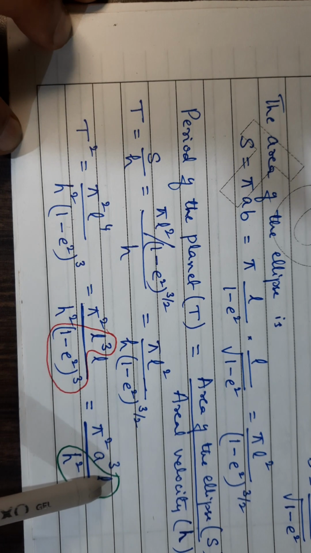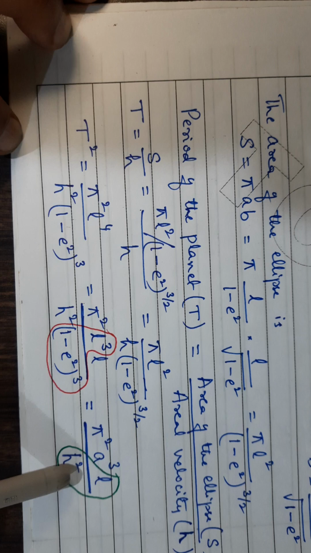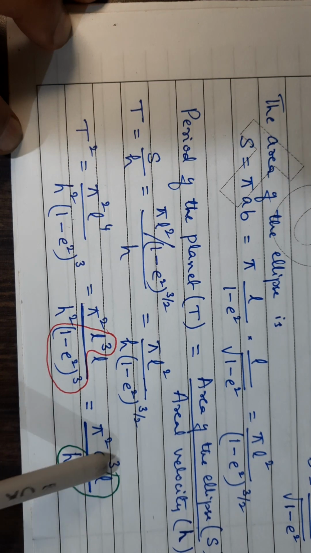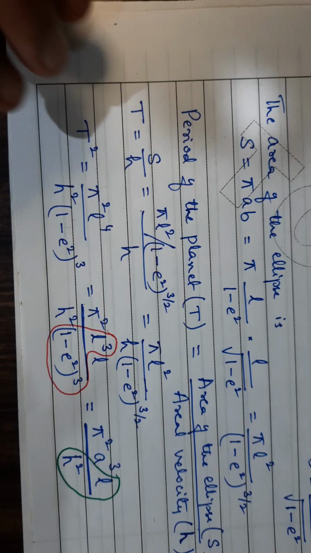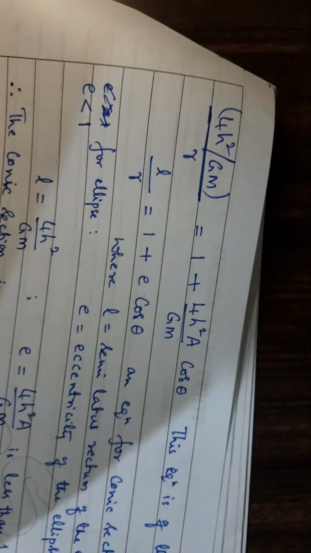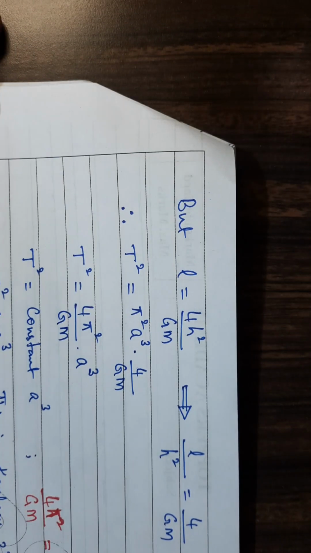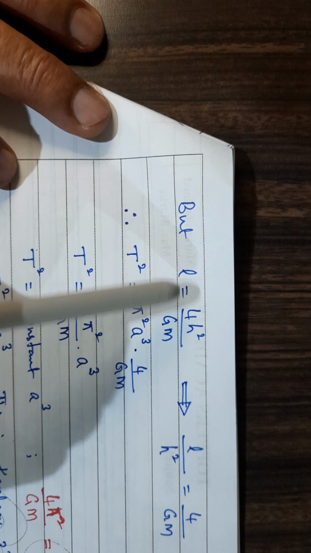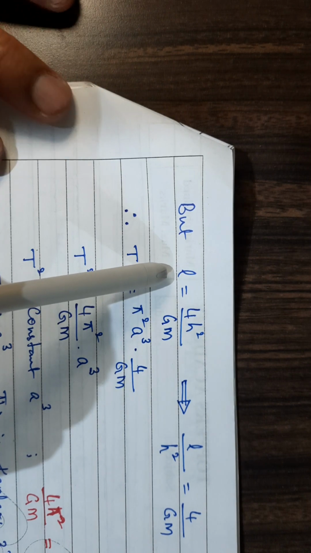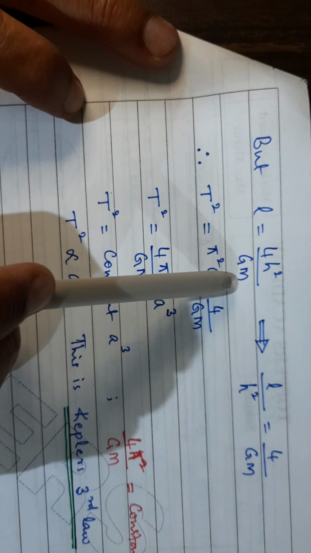Here I will take the remaining L divided by h square. What is this L divided by h square? We have to think. So L divided by h square, we can replace that by what? We know that L is equal to 4h square divided by GM. L, semi-latus rectum, we know that it is equal to 4h square divided by GM.